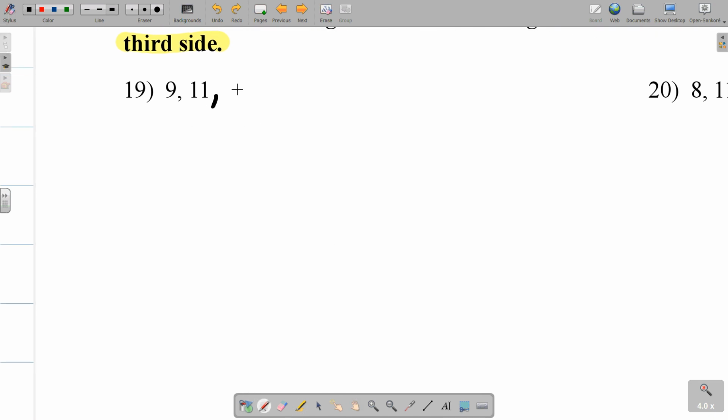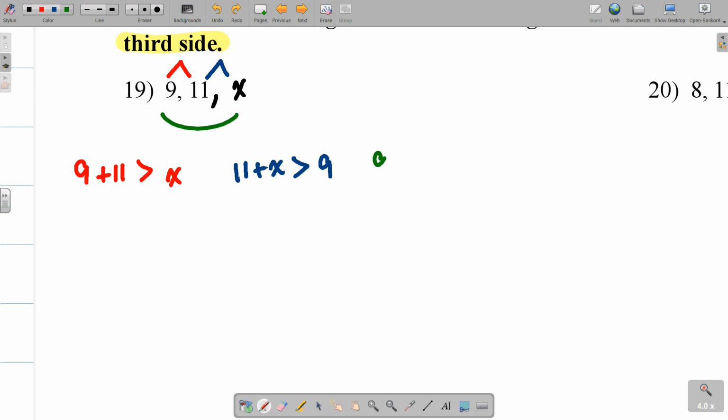So we don't have a third side, so we're going to go like this, X. Eyebrow: 9 plus 11 has to be greater than our X. Other eyebrow: 11 plus X has to be greater than 9. Smiley: 9 plus X has to be greater than 11.